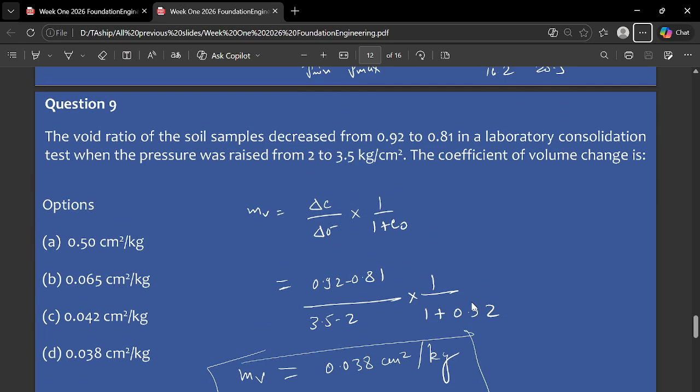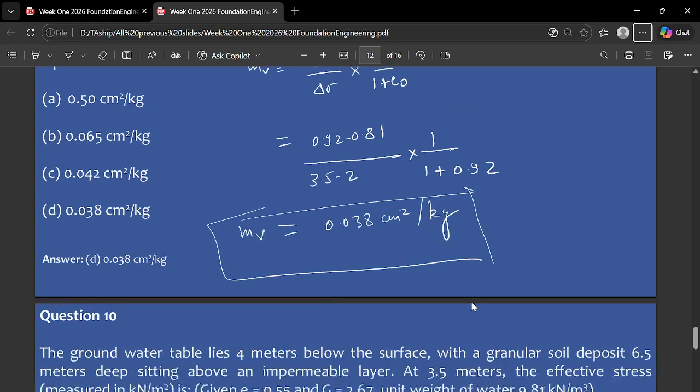Then you are given the coefficient of volume change. If you are given the change in the void ratio and the change in the effective stress, you need to derive the coefficient of volume change, so you can utilize this relation to get that.